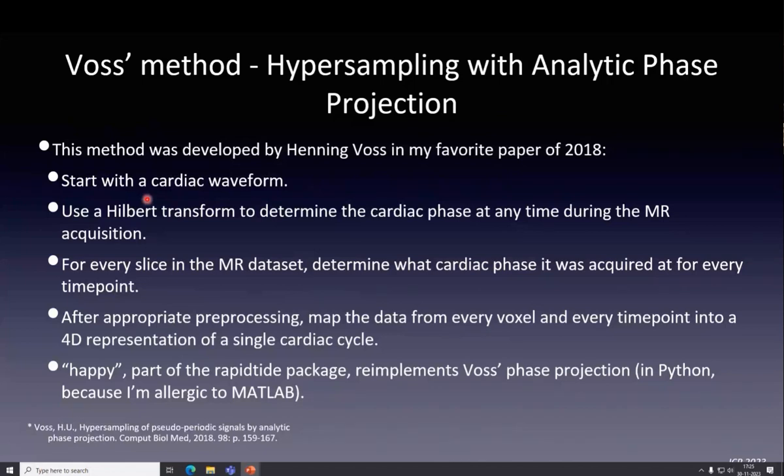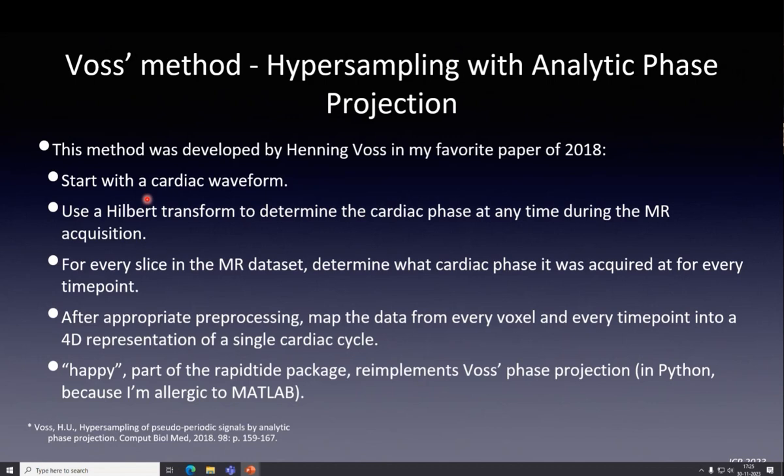Basically, if you have the cardiac waveform over the course of an fMRI scan, what you can do is use a Hilbert transform to calculate the cardiac phase at any time during the scan. And then, since you know when every slice was acquired in the brain relative to the beginning of the TR, you can calculate the phase of every single time point that's recorded over the course of your experiment.